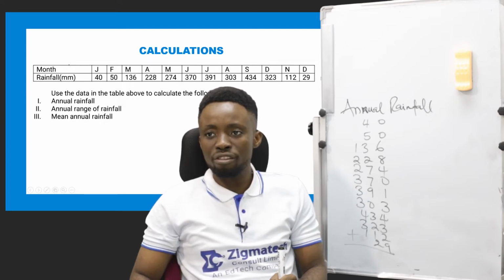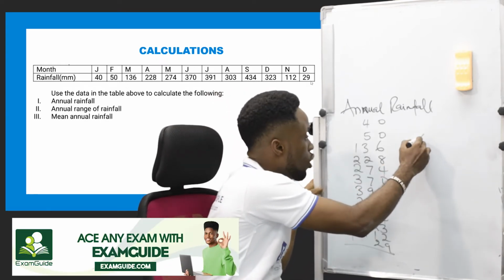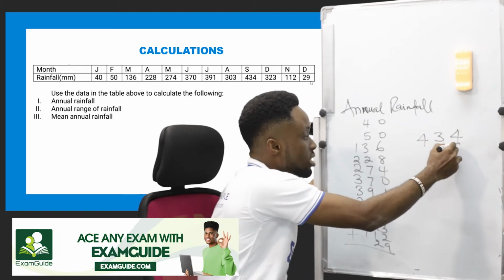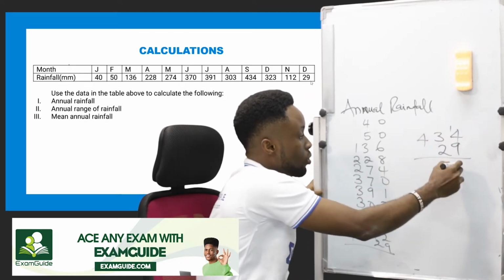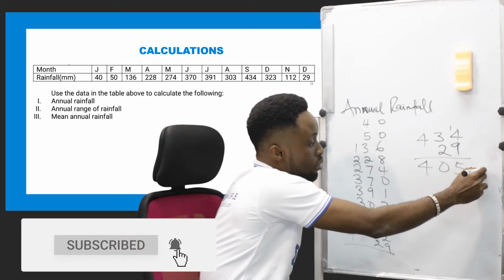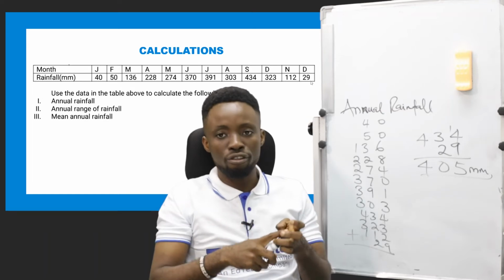Then the least rainfall occurred in what? In December. So the annual range will be what? 434 minus what? 29, which is going to give us what? 405 millimeter. So that is the annual range of rainfall.